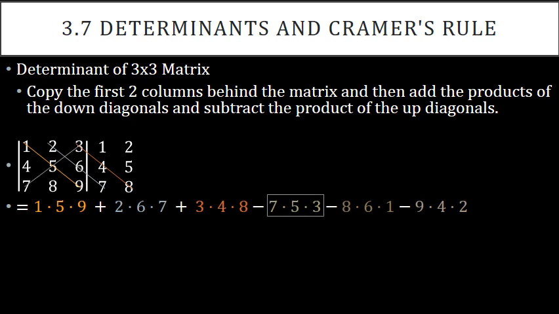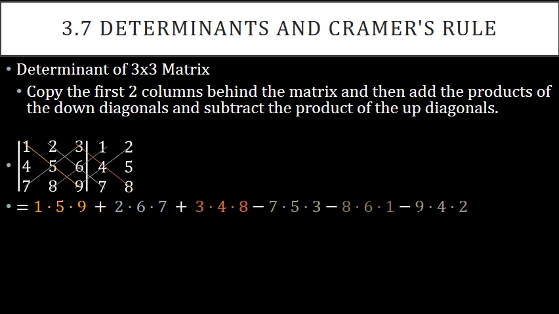So an upward diagonal, 7 times 5 times 3. Then 8 times 6 times 1. And 9 times 4 times 2. And again, down diagonals are added, ups are subtracted.